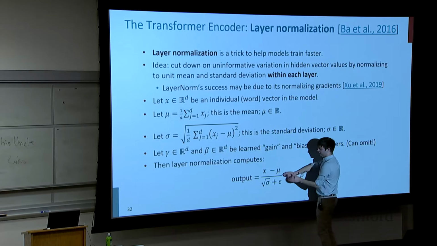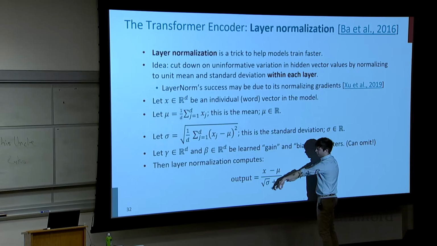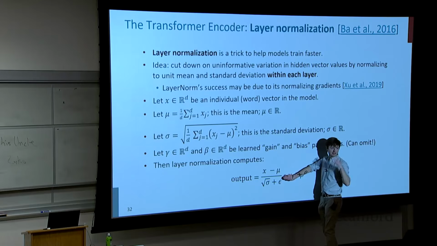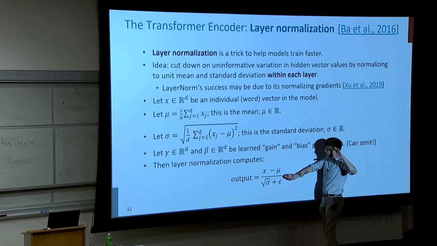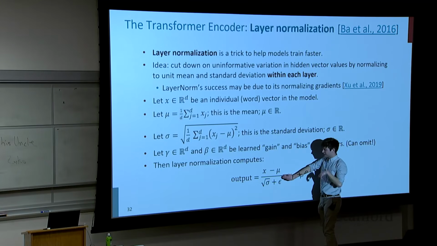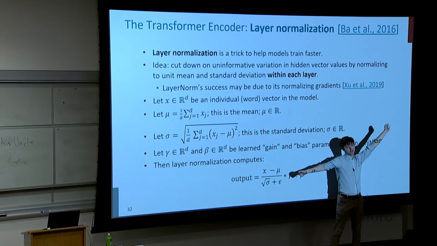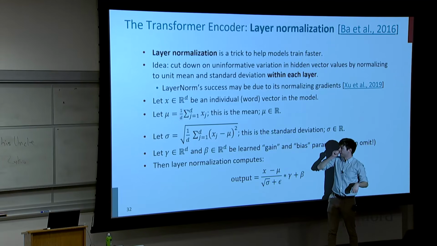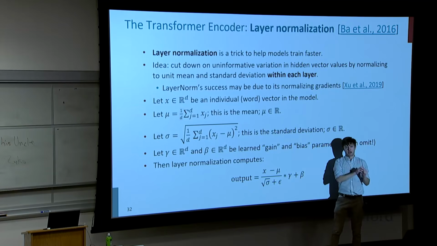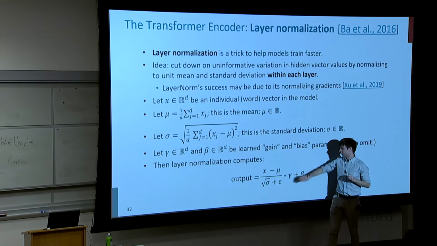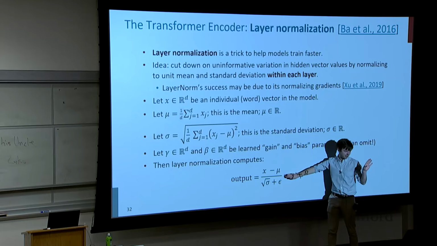So this part here, x minus mu over square root sigma plus epsilon, is saying take all the variation and normalize it to unit mean and standard deviation. And then maybe I want to scale it, stretch it back out, and then maybe add an offset beta that I've learned. Although in practice, and we discuss this in the lecture notes, this part maybe isn't actually that important.